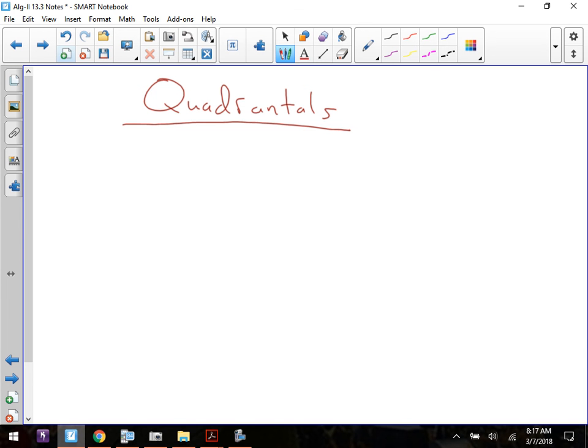Quadrantals. Yesterday, we neglected to talk about one bit of rather important information upon the unit circle. The thing that we neglected to talk about on the unit circle were these things called the quadrantals. The quadrantals are the ordered pairs where the unit circle crosses the axis.